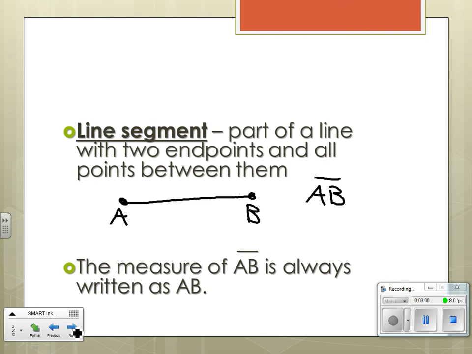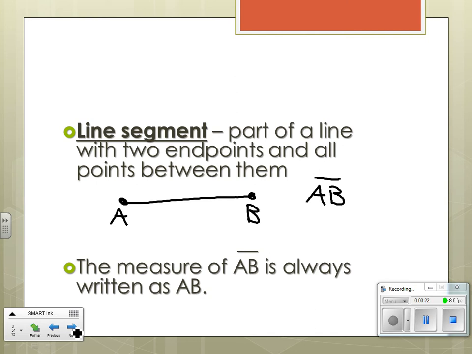When we talk about the measure of line segment AB, it's always written as just capital A, capital B. So that's another way that we can symbolize this, and it means something different. If I put the line over the top, I'd read it as line segment AB.